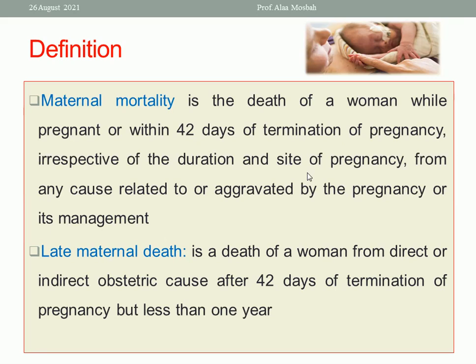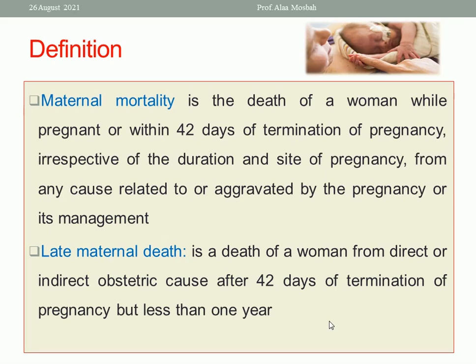Okay? This is the maternal mortality. There is an expression called late maternal death. What does it mean? Any death that happens in women due to direct or indirect obstetric cause after 42 days of termination of pregnancy, but less than 1 year.